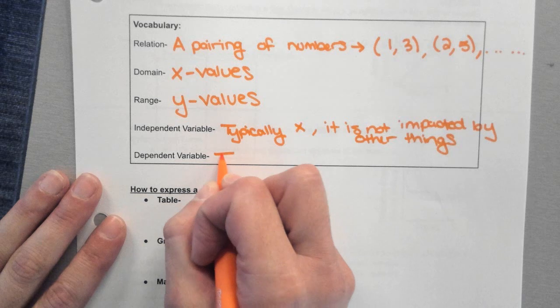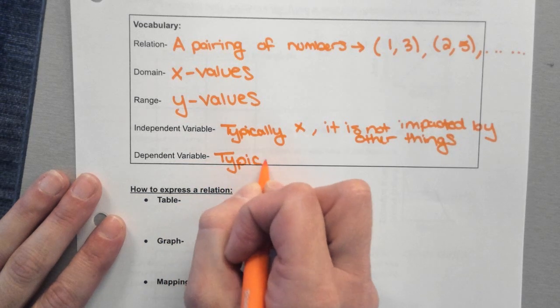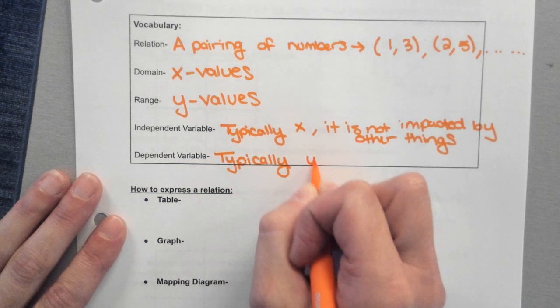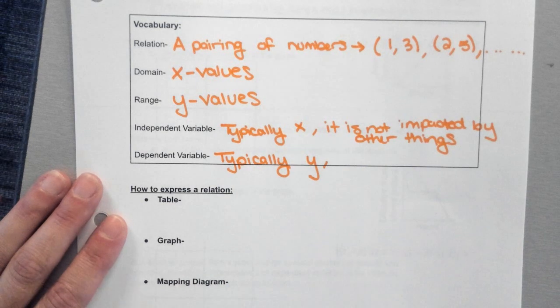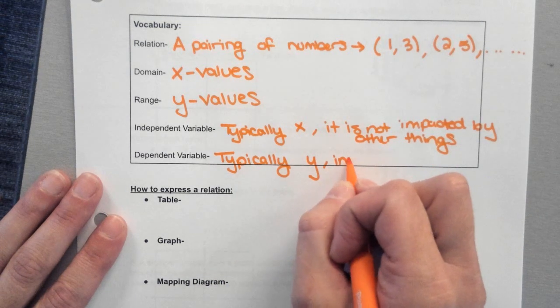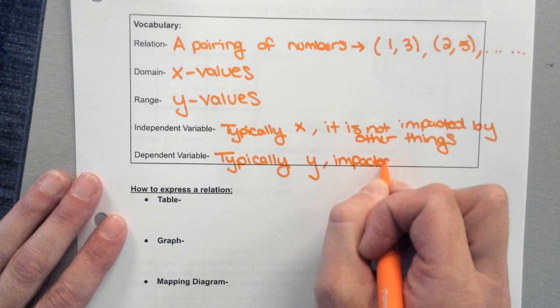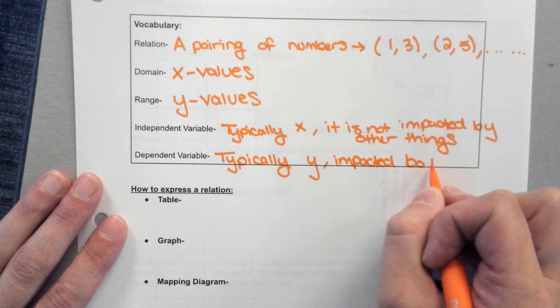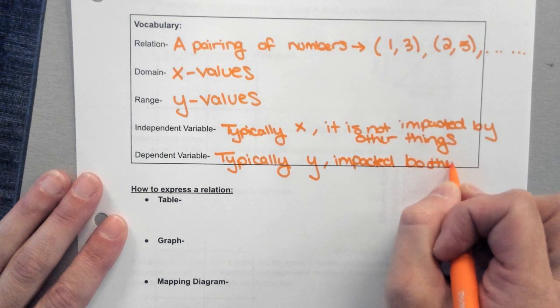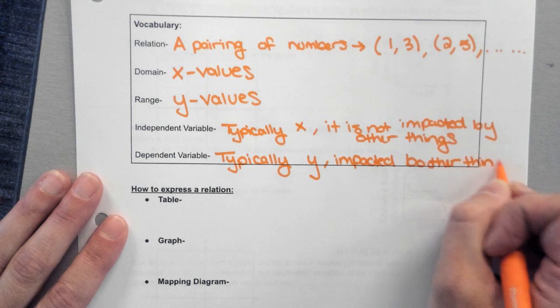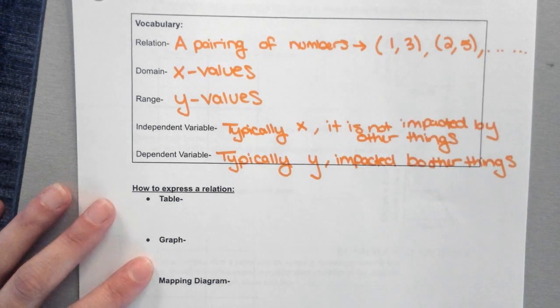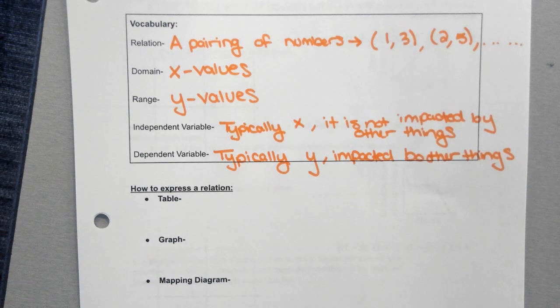Dependent variables are typically Y, and they are impacted by other things. Okay? So, if I went to go get gas, and it was a different day, right?